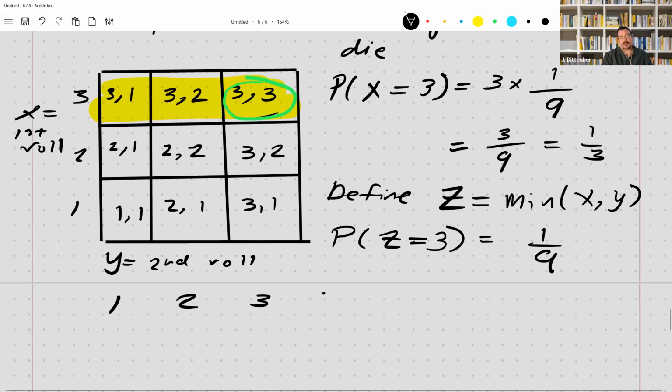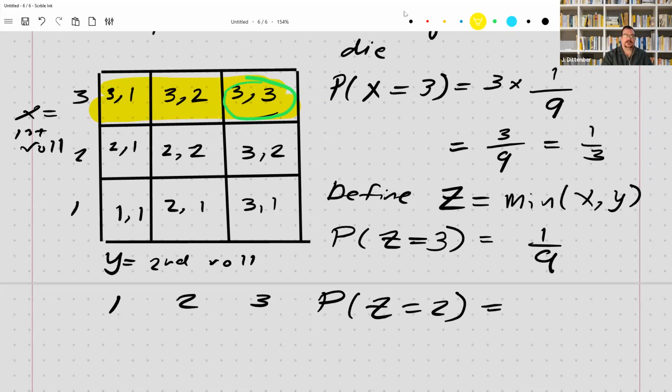But what about if Z equals 2? Now, when will 2 be the minimum? So this is 3, 1. This is 3, 2.